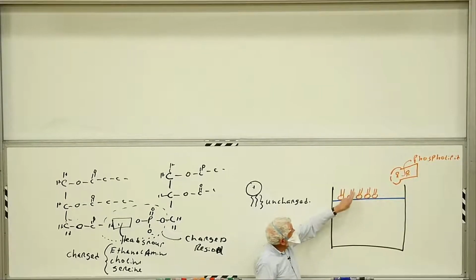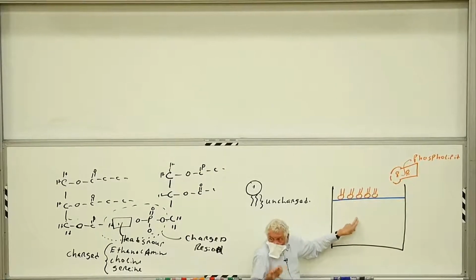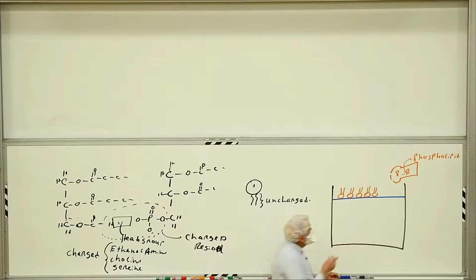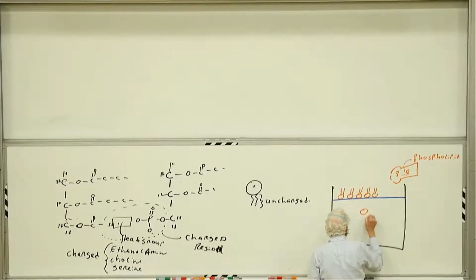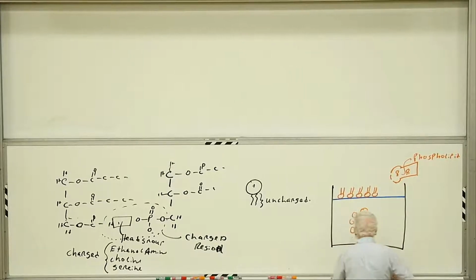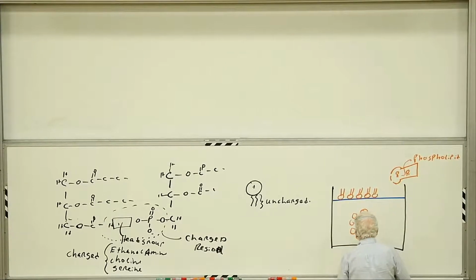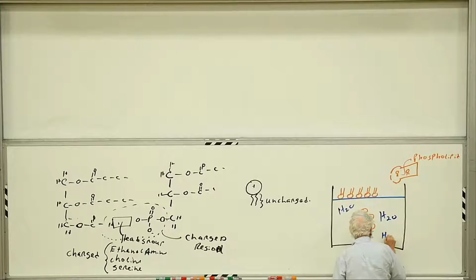So let's imagine what happens if we take these phospholipids and dunk them under the water. How will they orient themselves? Well, the simplest thermodynamic state would be for these head groups to all point out. Because remember, this is water. All those moments that we talked about today.